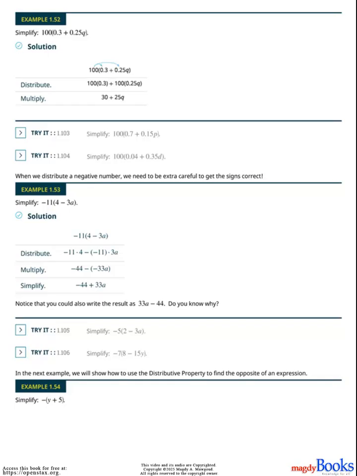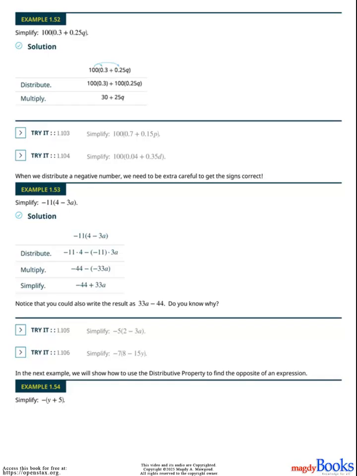Negative 11 dot 4 minus (negative 11) dot 3a. Multiply. Negative 44 minus (negative 33a). Simplify. Negative 44 plus 33a.